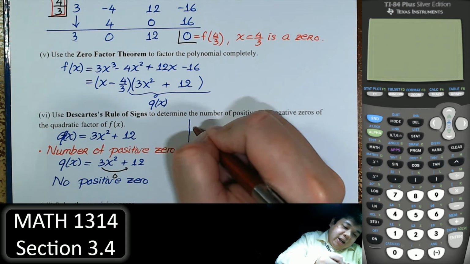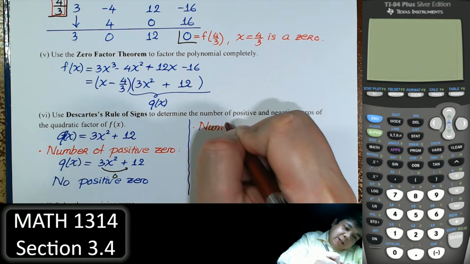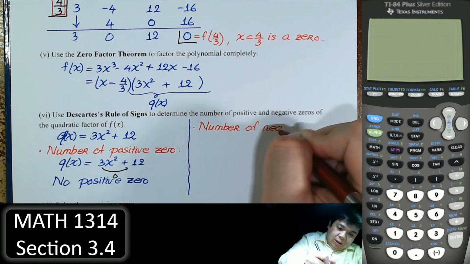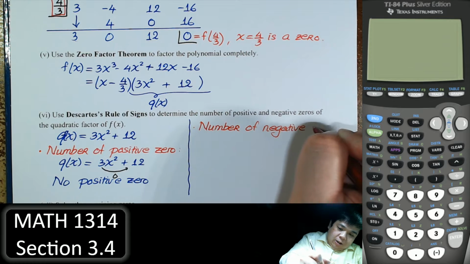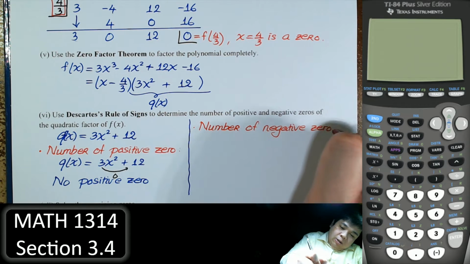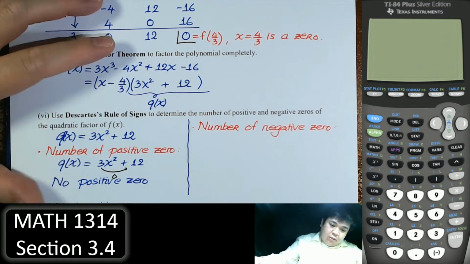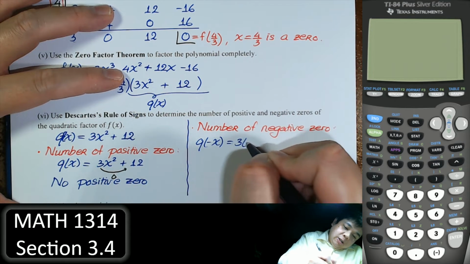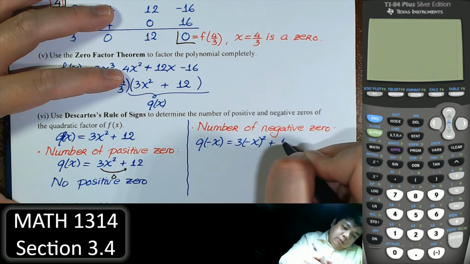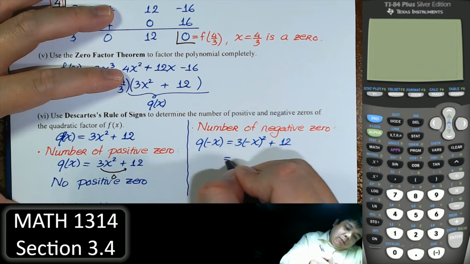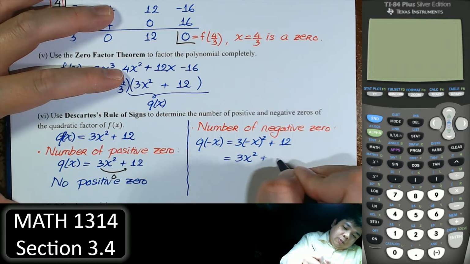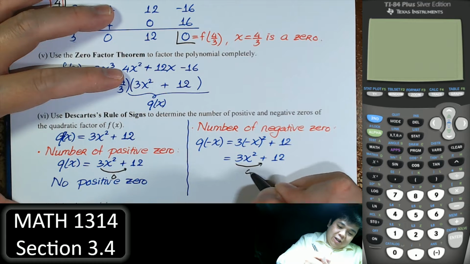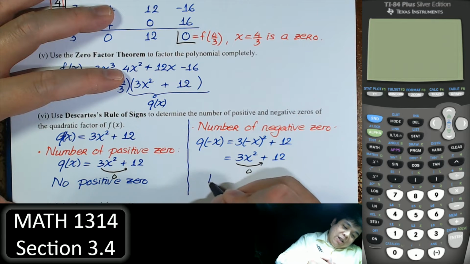Try again for negative zeros. For that we'll replace x with negative x. There is no sign change as well, so once again there's no negative zero.